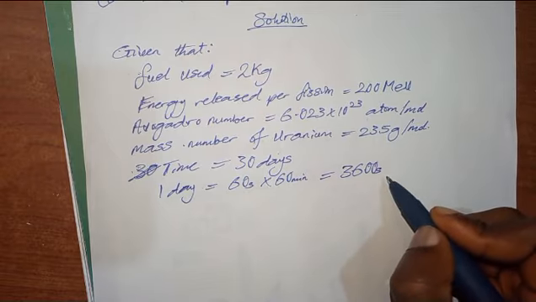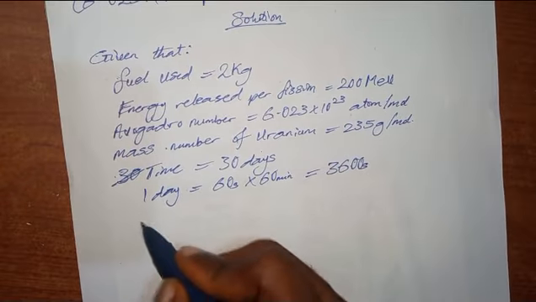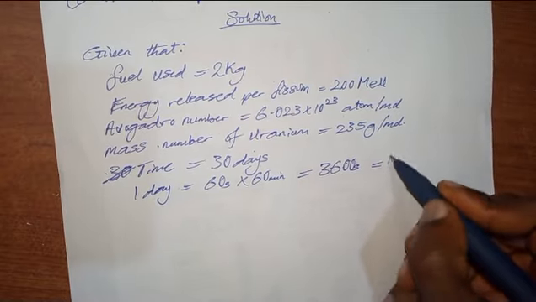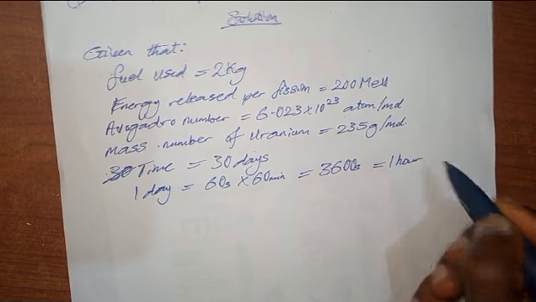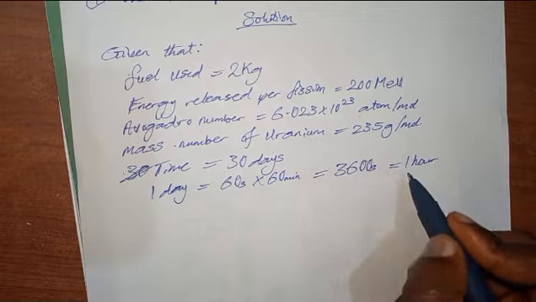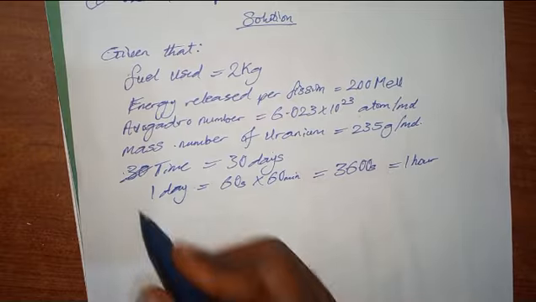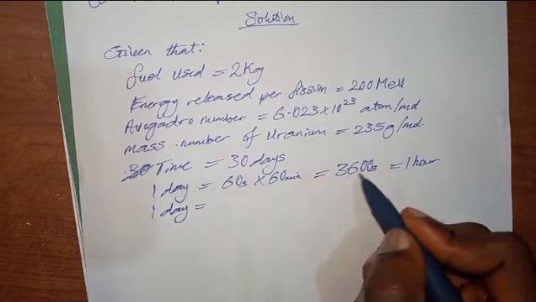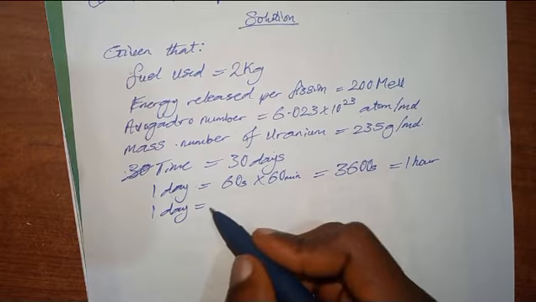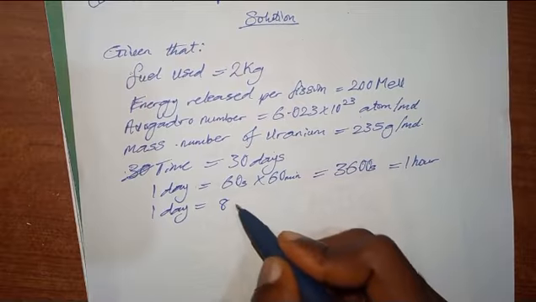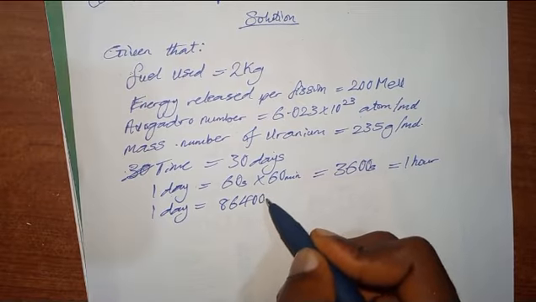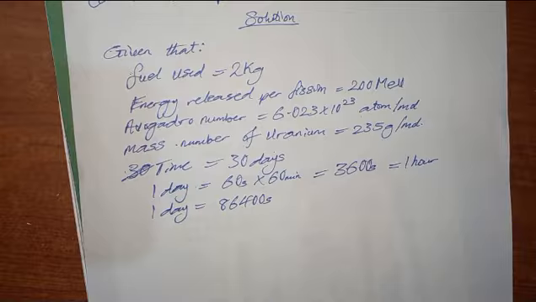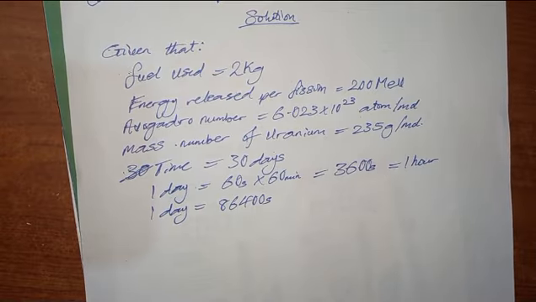If this is equals to 1 hour, then this times 24 will make 1 day. So 1 day is equals to 3,600 times 24, which will give us 86,400 seconds.